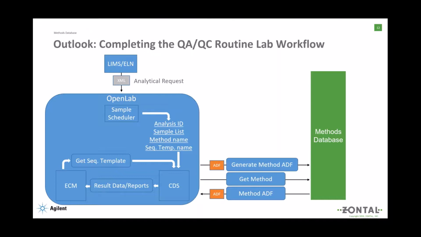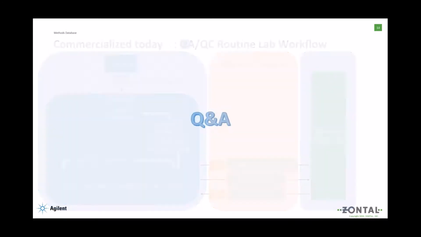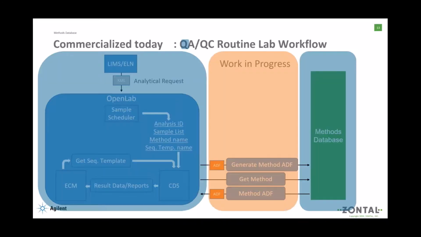So what can you have today? If you go to the next slide, please, Wolfgang, then we can see what you can have today with this solution commercially available. On the left side, we have these LIMS systems. There are a lot of LIMS systems out there, not from Agilent, but a lot of LIMS vendors are active in the analytical field.